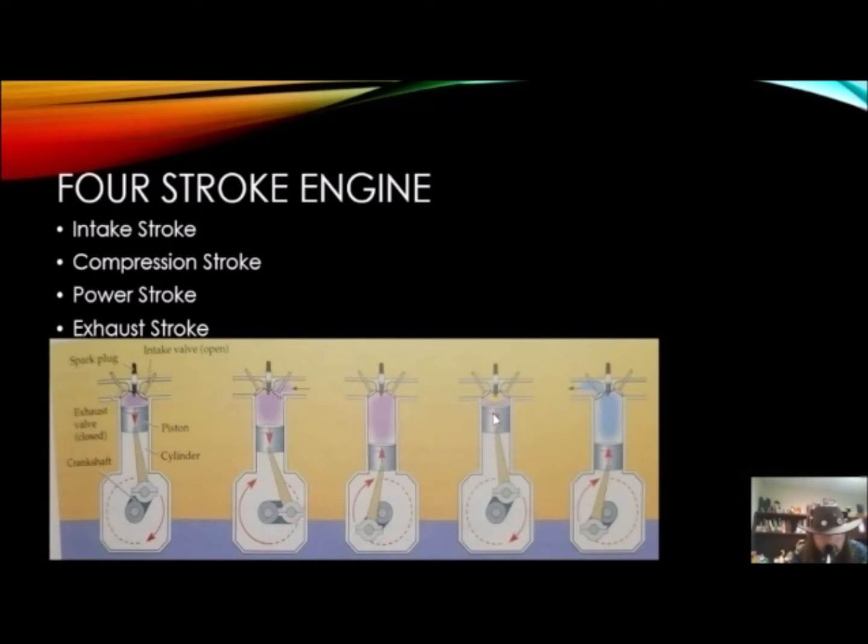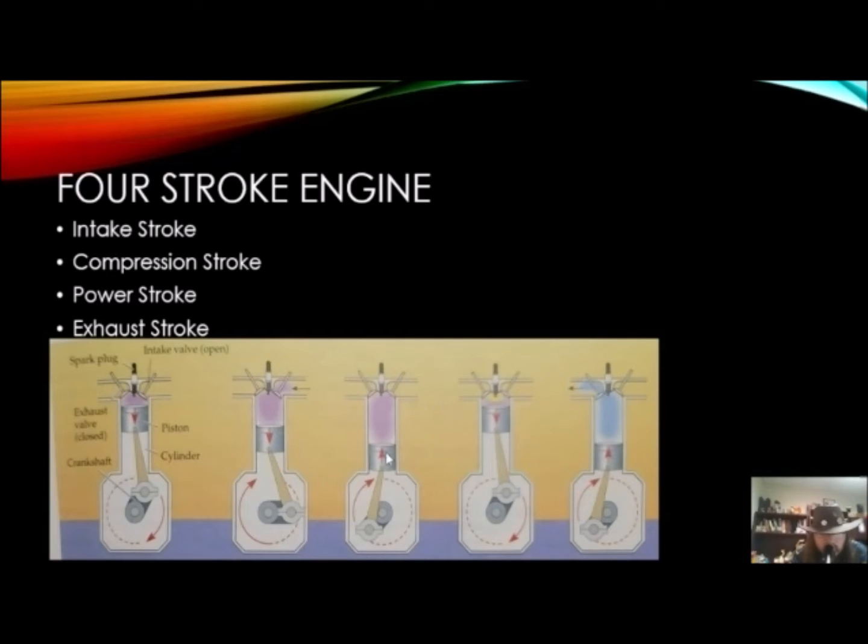At this point, we're at the bottom of the compression stroke, which we do the power stroke. So the spark plug ignites the fuel mixture, which causes a minor explosion in here, which is going to push this back down, creating our power stroke. At which point, now that we're down here and we've achieved all the energy we can get, we upstroke back out to push the gases out and empty the chamber as the exhaust stroke.